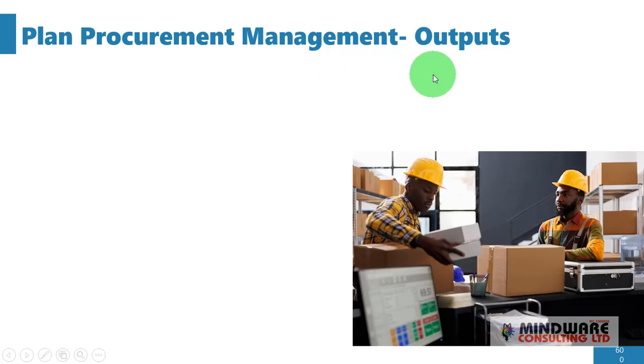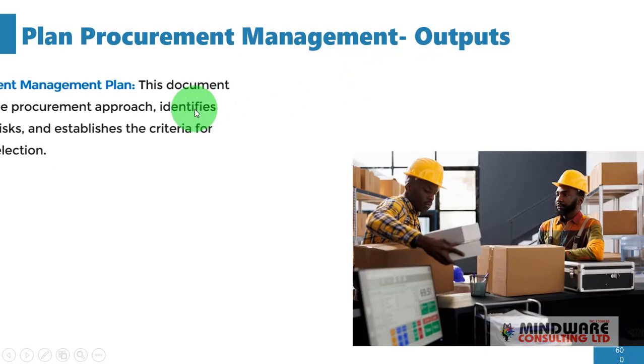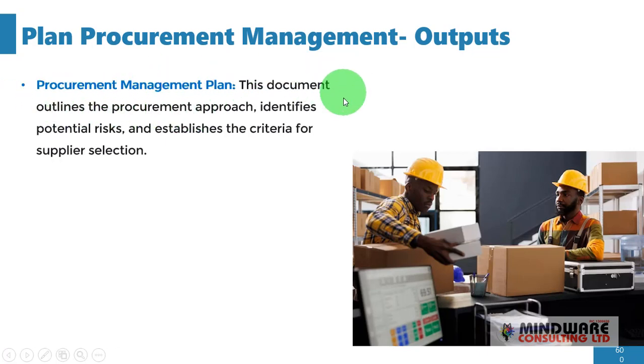So what are the outputs from this plan procurement management process? At the end of the day, you have your procurement management plan. This is the document that outlines the procurement approach. It identifies potential risks and establishes the criteria for supplier selection. So when all is said and done, you now have a blueprint for your procurement, which is the procurement management plan.